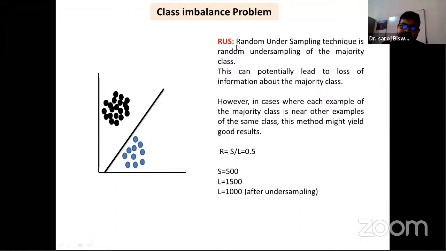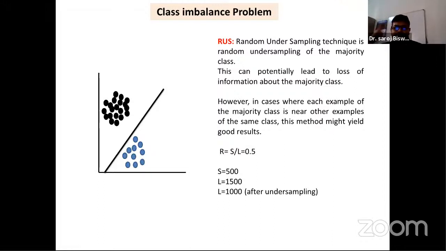Whenever we use this RUS, random undersampling, it randomly picks. See, if our objective is to make, say, 10 here out of 20, then 10 of the instances should be discarded. So if we use random undersampling, then randomly it picks up 10 of the data points and discards them from here. Right? Randomly.